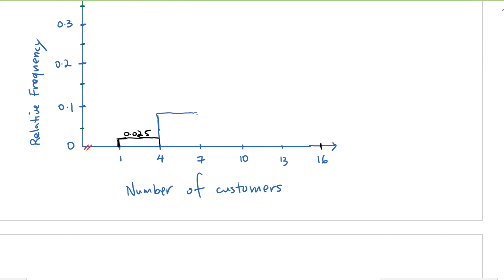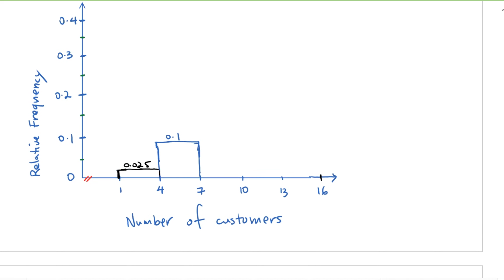And I put it over. Okay, that's 0.1. Yeah, maybe a little bit higher. Okay, that is 0.1. And the next one is 0.325, about 0.33. So let me go up to 0.33.